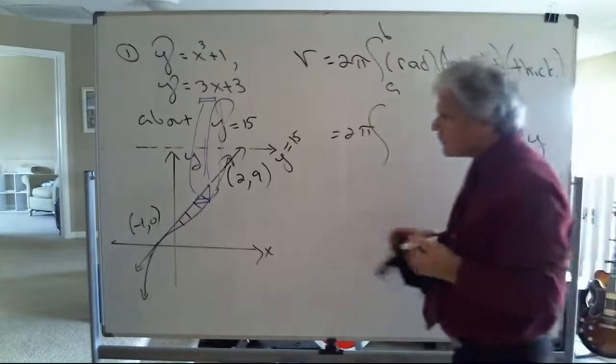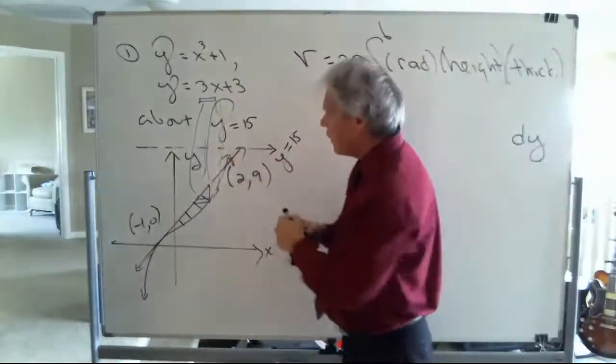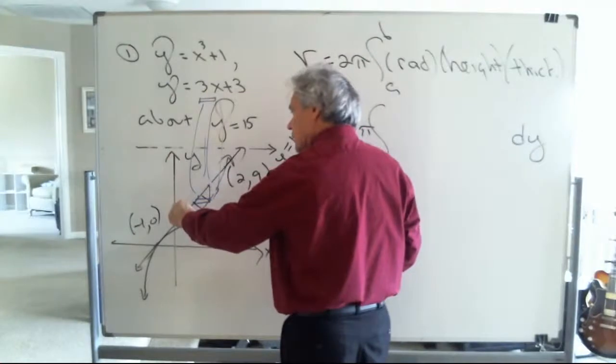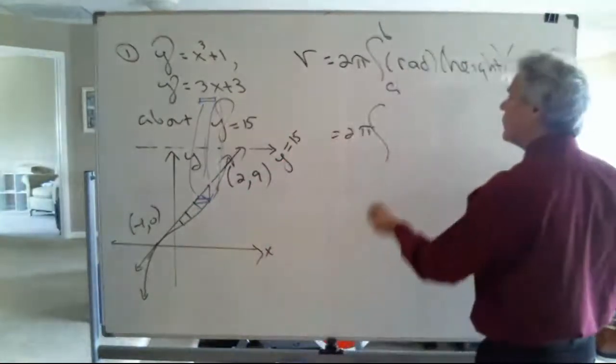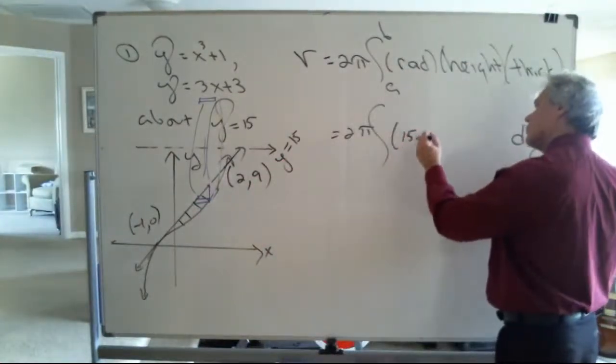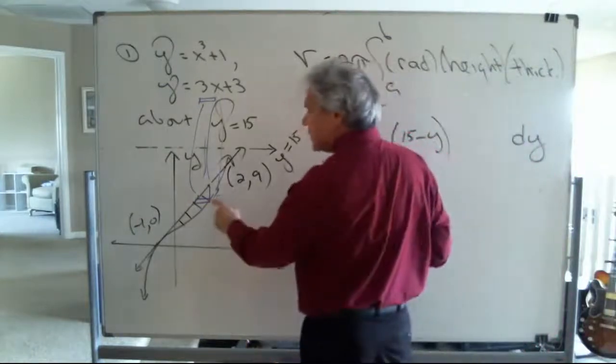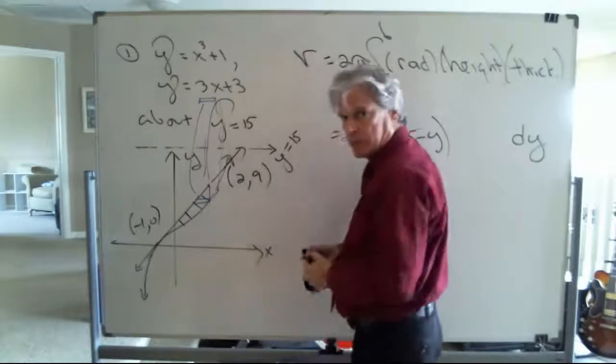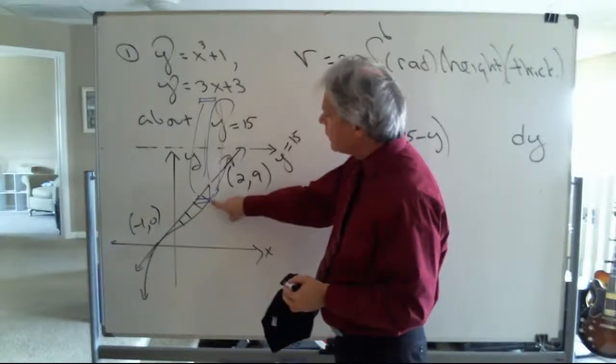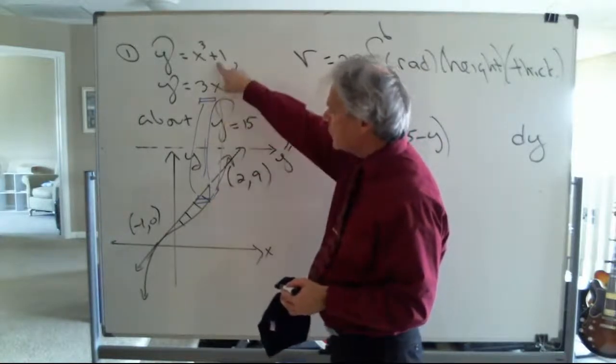Now, the radius of the cylindrical shell is nothing more than this y value minus this y value. And the height of the cylindrical shell is going to be this x value minus this x value. But this x value right here is described in that relationship.